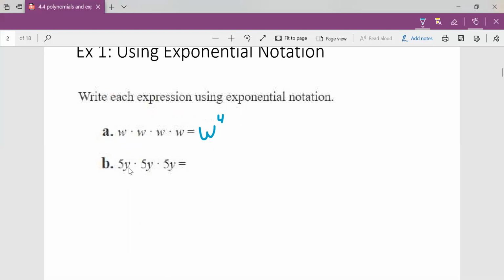And then if I have 5y times 5y times 5y, that means we have 5y to the 3rd power. But you need to be careful because we have to put everything to the 3rd power, so you have to have parentheses. And then 5y to the 3rd power is the same as 5 to the 3rd, y to the 3rd. And we can simplify it again because 5 to the 3rd is equal to 125y to the 3rd power.